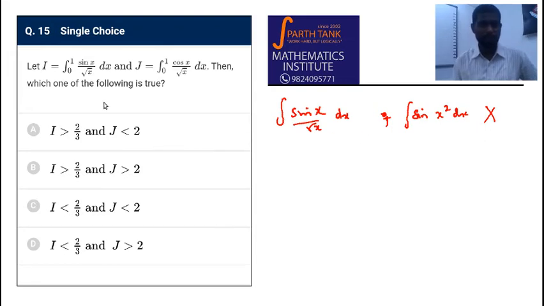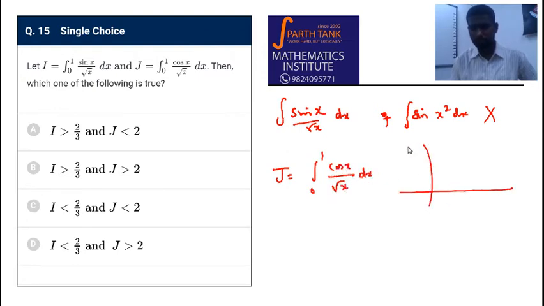What has to be done? We are not asked the value of I, but only a bound for I. I should be greater than something, or J should be less than something, etc. Okay, how to do such problems? Take J for example. J is the integral from 0 to 1 of cos x by root x dx. Now how is this function going to look?